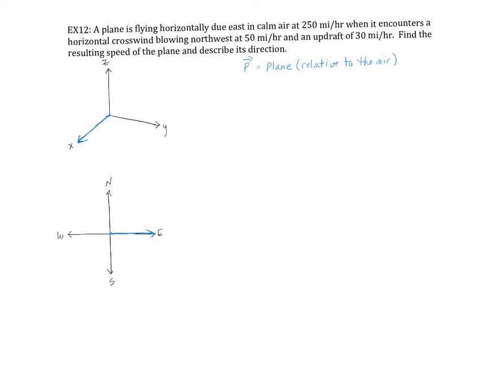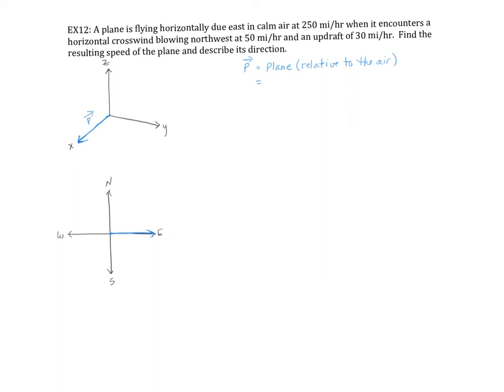So the speed was 250 miles per hour, so that would be its magnitude. And since it's just going in the direction east, again, it might be easier to see in the two-dimensional diagram, then I write the vector only in terms of i.